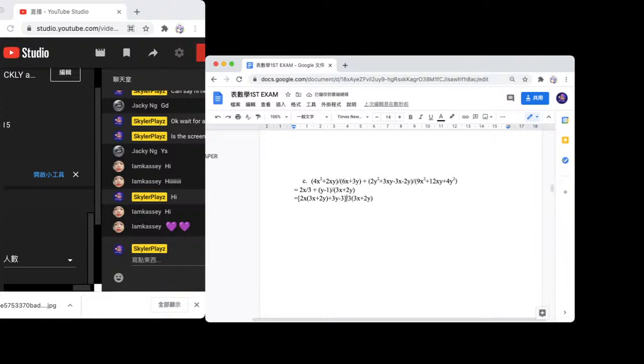When we calculate this, we can simply find out that it is 6x squared, 4xy, 6x squared, and 4xy plus 3y minus 3.